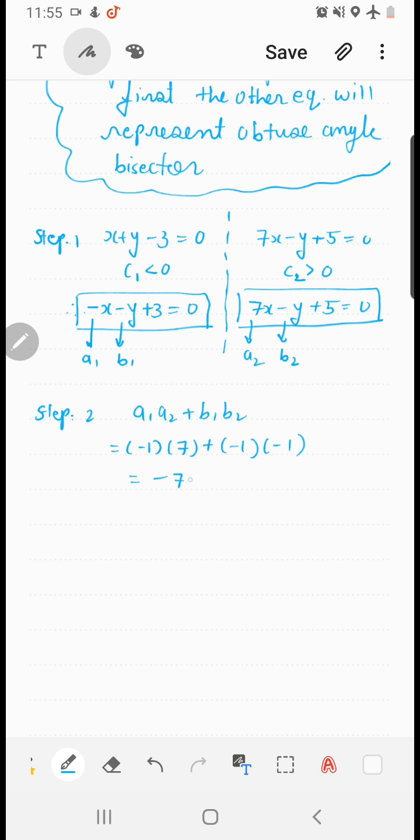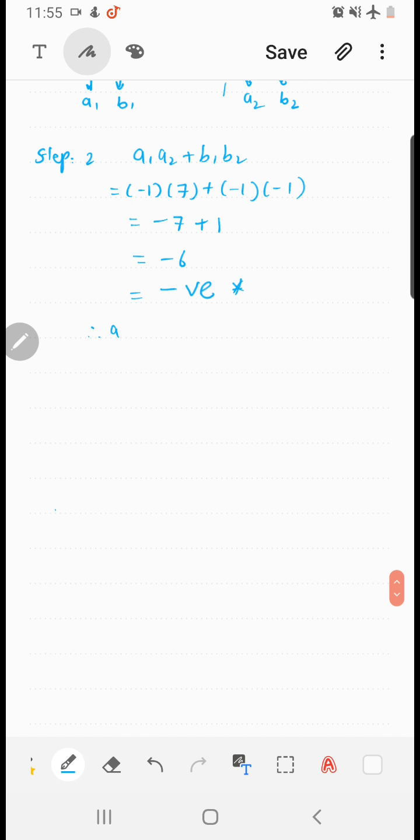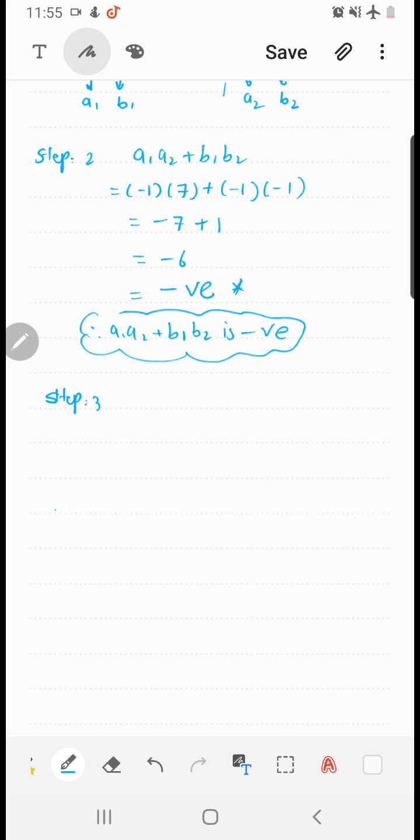So what I get is minus 7 plus 1, which is minus 6. This is a negative value. We are not interested in the actual value but the sign. So can I say A1 A2 plus B1 B2 is negative. This is the conclusion, which will help us to select the sign from the table.